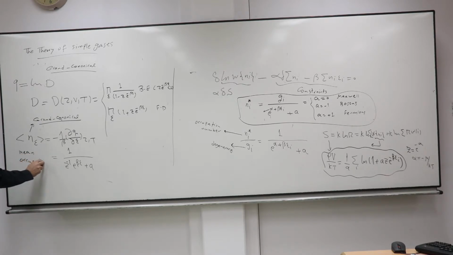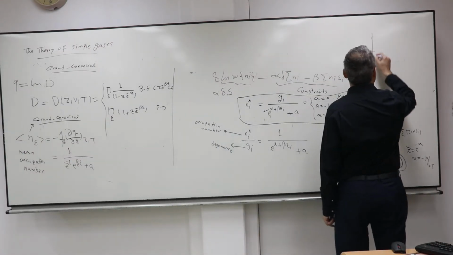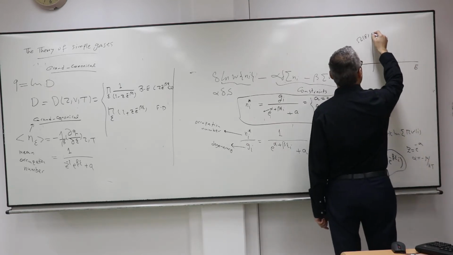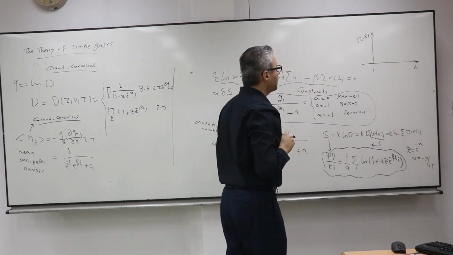The occupation number is Ni, and now you do the averaging over all possibilities, so the mean occupation number is the average of N. So, yes? What is the difference between N and N star? This is what I told you: at the beginning, when you have the energy E, for each energy you have one omega.